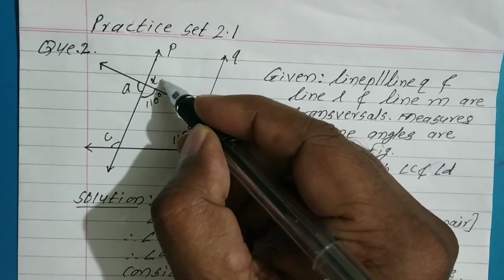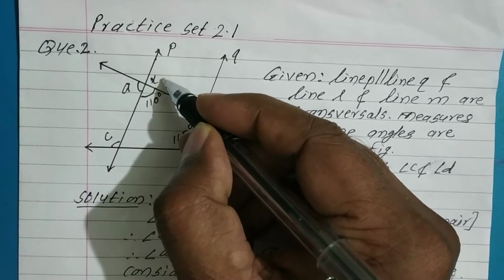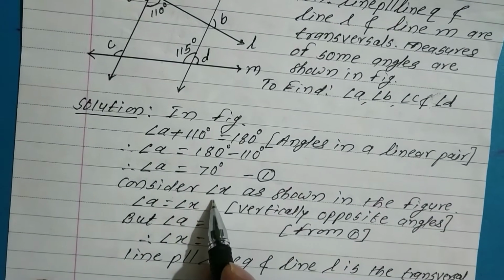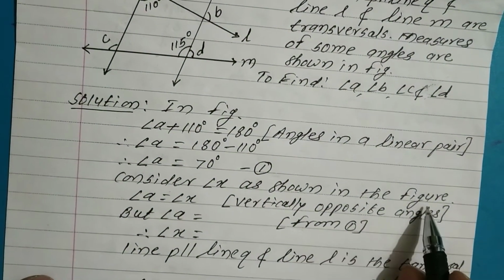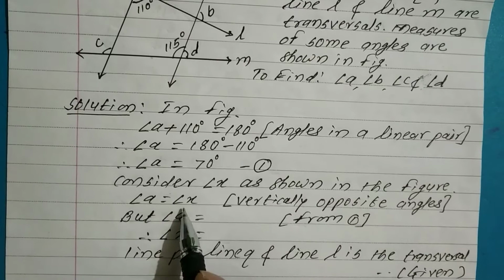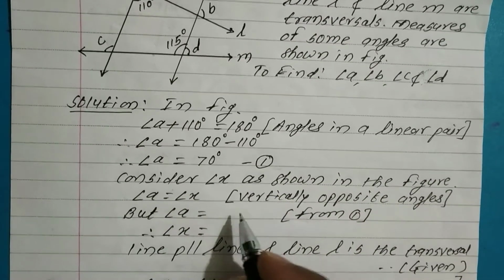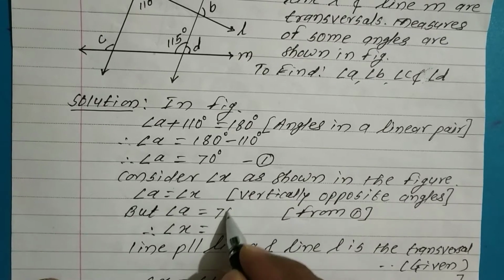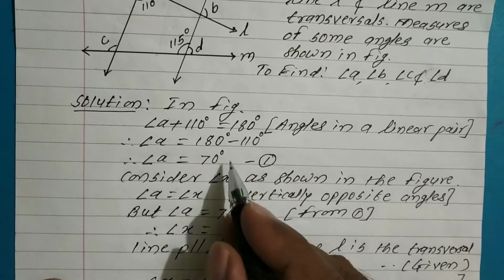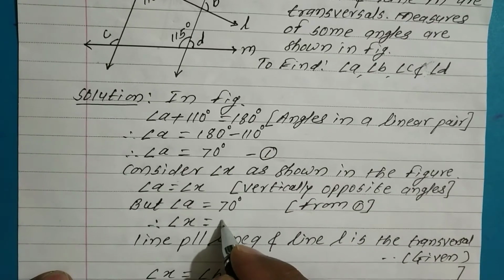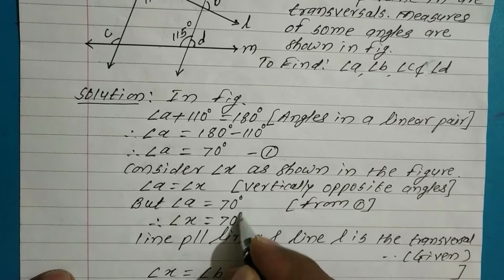Therefore, the measure of this angle also 70 degree. Hence, you write in this way. Consider angle X as shown in the figure. Angle A is equal to angle X, vertically opposite angles. But angle A is equal to 70 degree from first. Therefore, angle X also 70 degree.